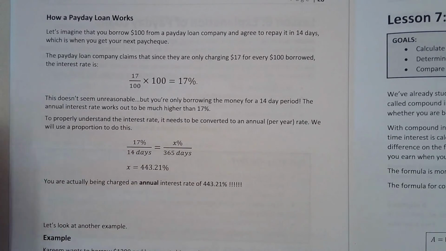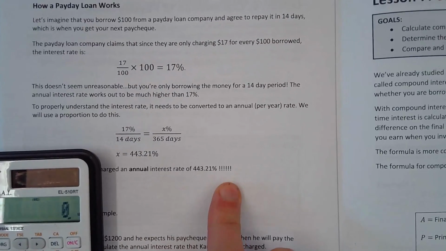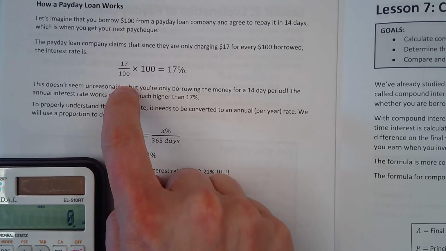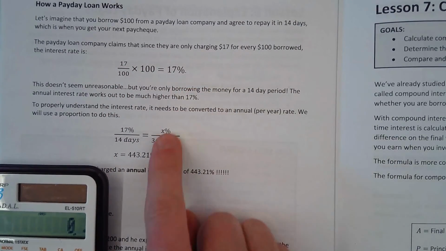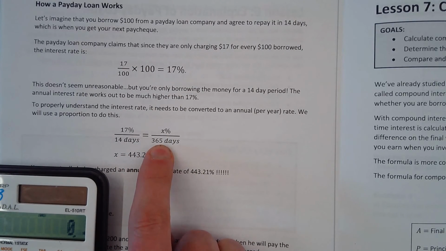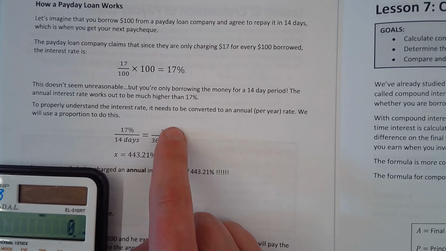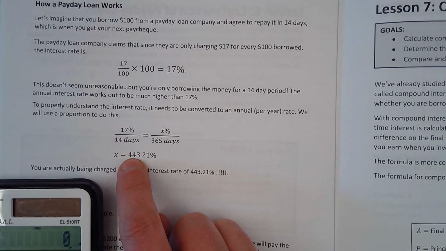I don't want to spend too much time on this, but there's a quick example here showing you that if you have to pay $17 for every 100, yeah, it looks like 17%, but if you have to pay it back in 14 days, and you compare that interest rate to 365 days, it really turns out to be 443.21%.